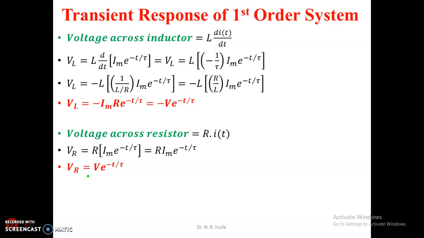Generally, the expression for voltage across resistance is very similar to the expression for the current, which is Im into e raised to power of minus t by tau.